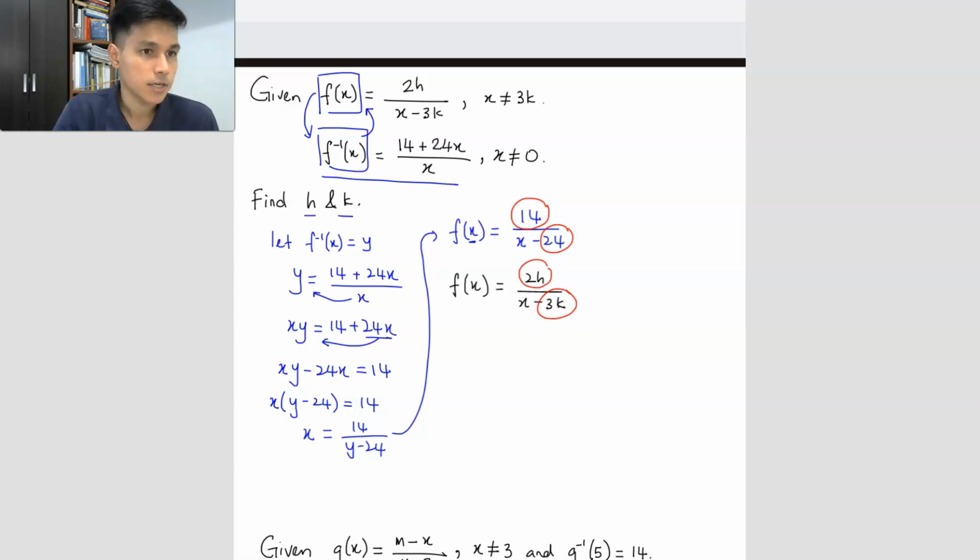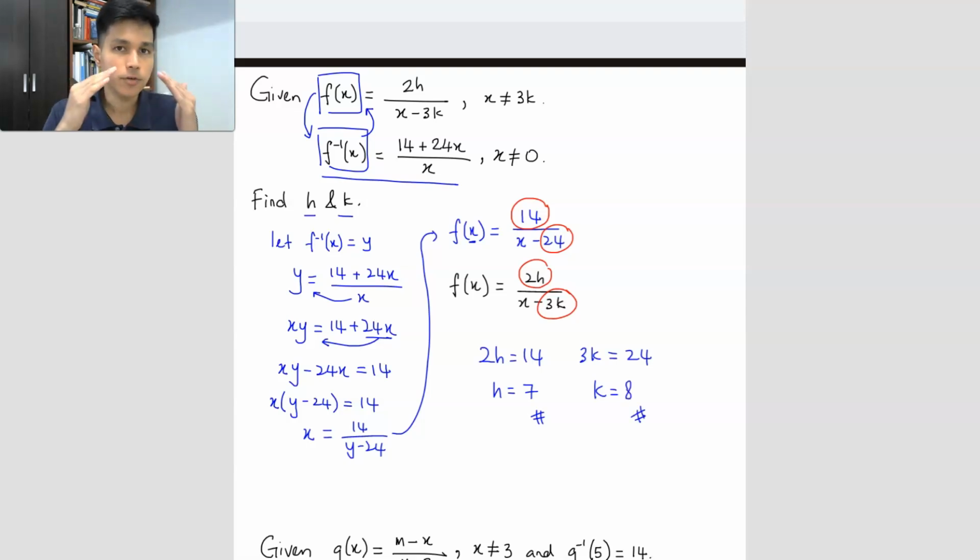So we can find h and k now. 2h equals 14, so h equals 7. And then 3k equals 24, so k equals 8. Clear? So the main thing is, either you convert the forward function to the inverse, or you convert the inverse to the forward function, and then you compare.